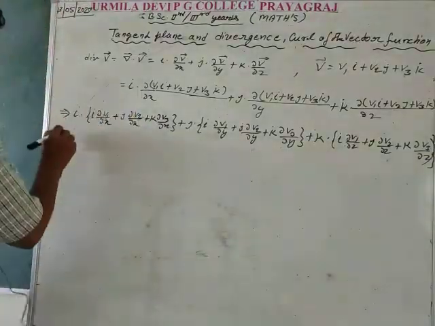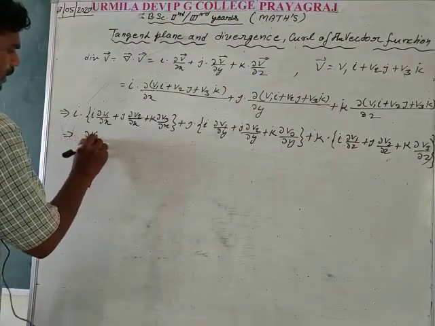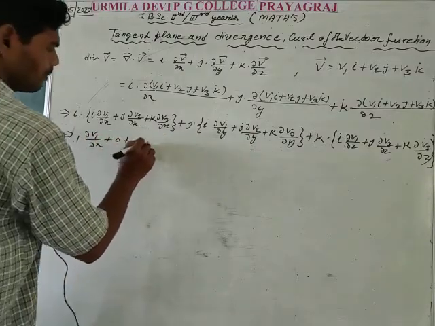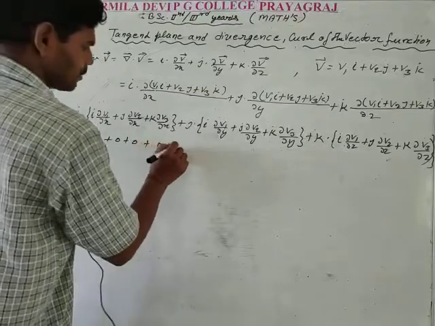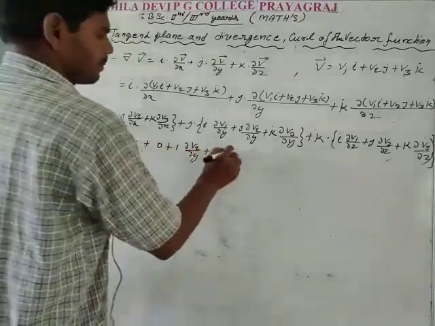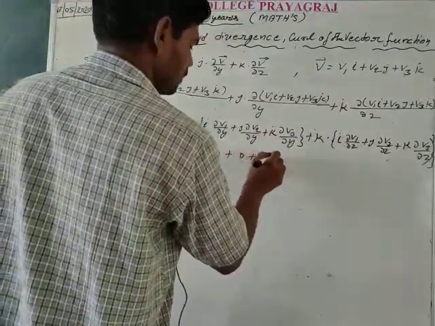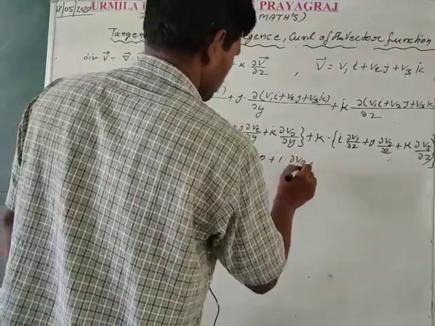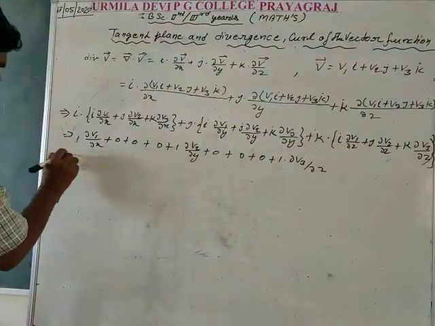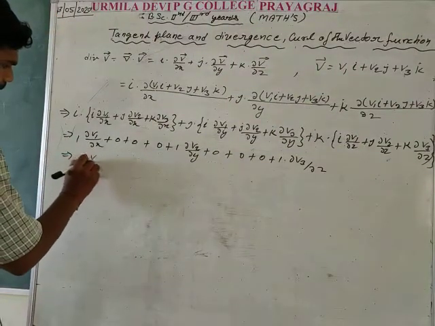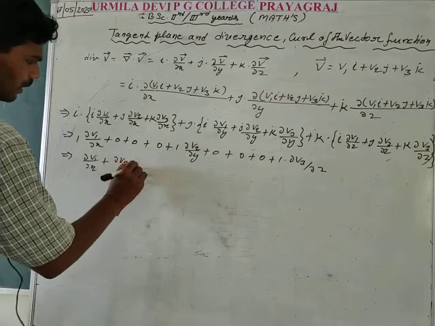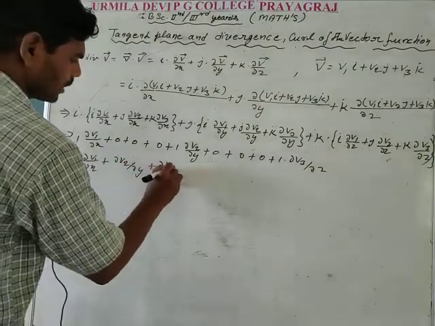So this is equal to del V1 by del x times 1 plus 0 plus 0, plus 0 plus 1 times del V2 by del y plus 0, plus 0 plus 0 plus 1 times del V3 by del z. Simplifying, we get del V1 by del x plus del V2 by del y plus del V3 by del z.